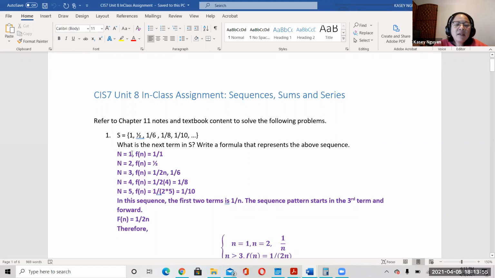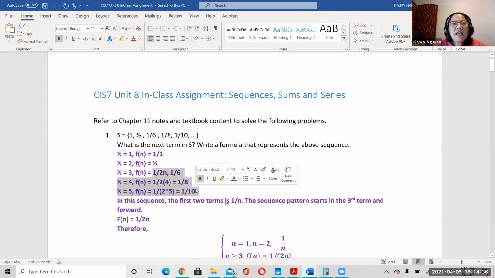We start with the first term. When n is equal to 1, we can see that f of n is 1 over 1. Then on the next term, when n is equal to 2, f of n is 1 over 2. Now, this one is unique in that it has the initial 2 values, and then later on in the sequence it has a pattern.